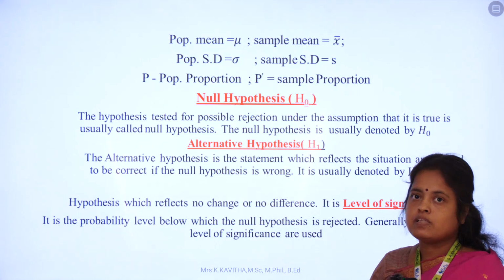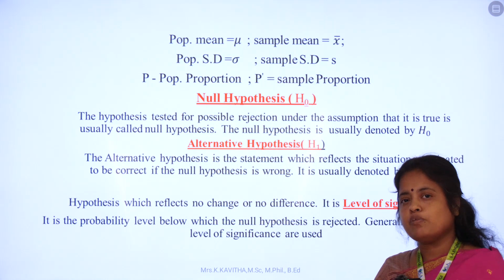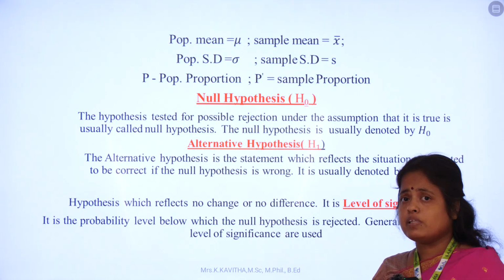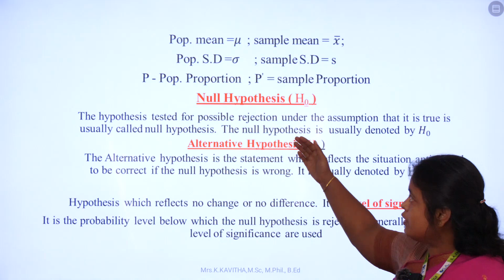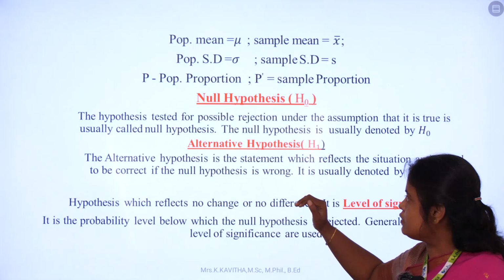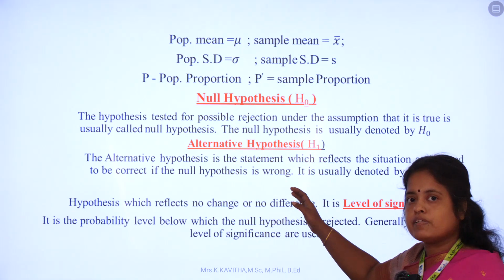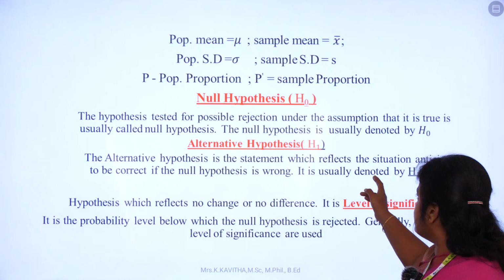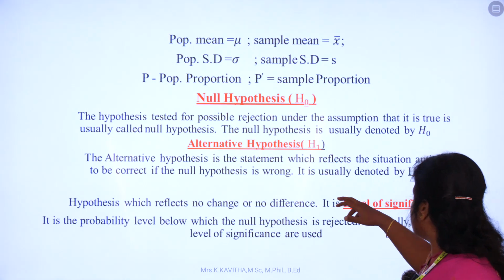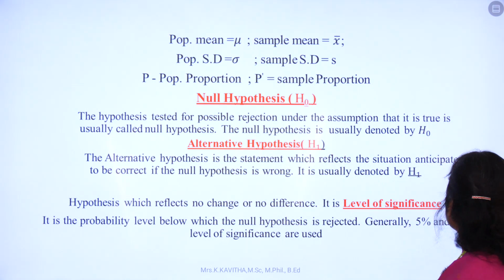In the null hypothesis, there is no significant difference between the observed value and the expected value. The alternative hypothesis, which is complementary to the null hypothesis, says there is a significant difference between the observed value and the expected value. The alternative is denoted by H1, and the null by H0.